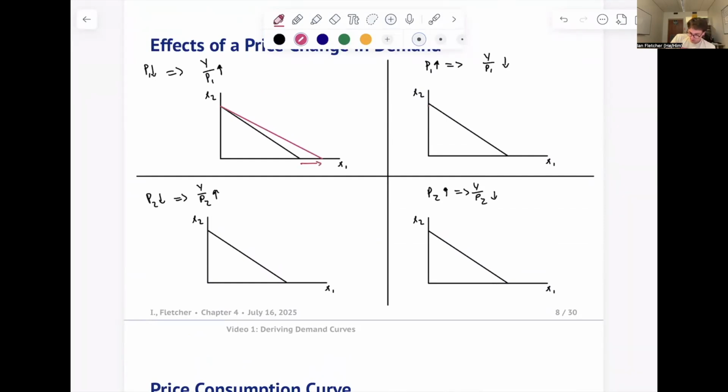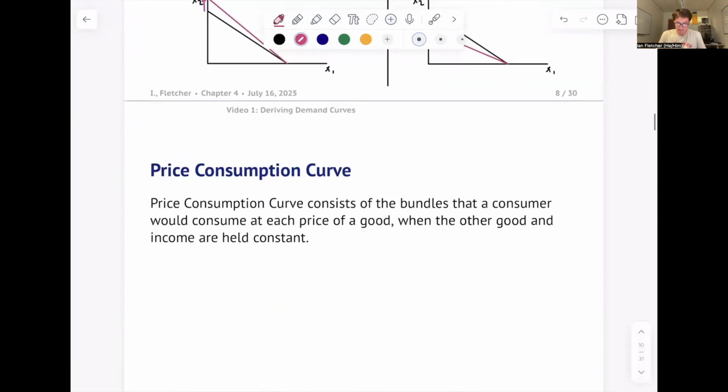But if P1 increases, then our quantity demanded of Q1, or X1 in this instance, is going to decrease. Similarly, if we have a decline in P2, we're going to slide up on the y-axis because we're now dealing with the second good, and a decline if the price of that good increases. And so you can see how these lines are going to shift and change. But for the most part, it should be pretty predictable and you should be able to figure out what's going to happen from each.